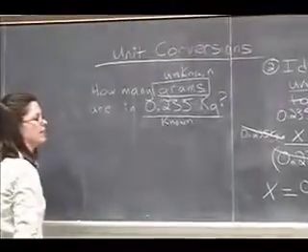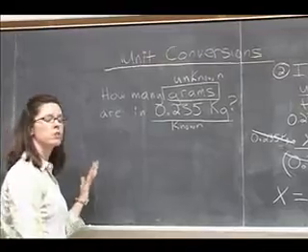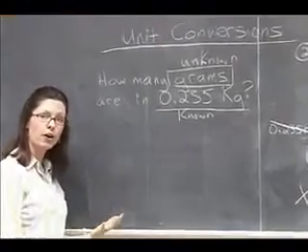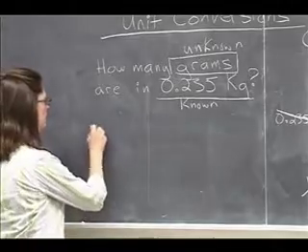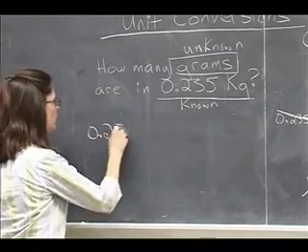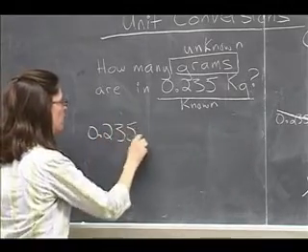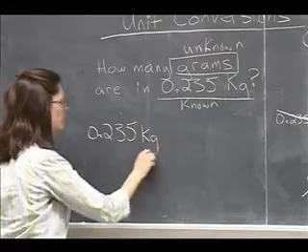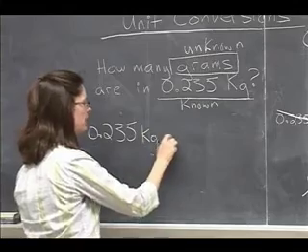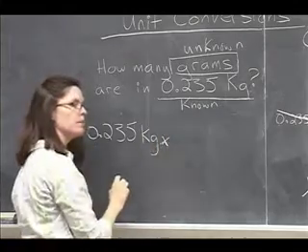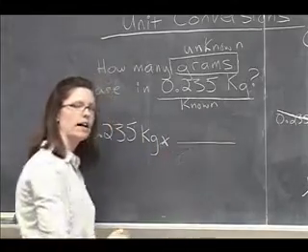In dimensional analysis, we're going to start off with our known. I'm going to start off and write that on the left-hand side. There's our known. And using dimensional analysis, I'm going to be multiplying by a conversion factor.